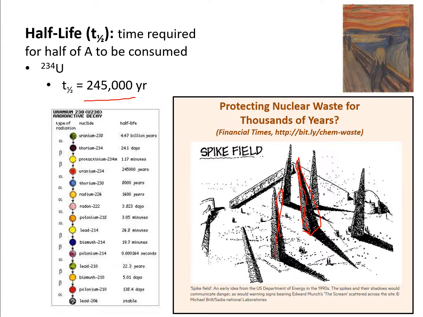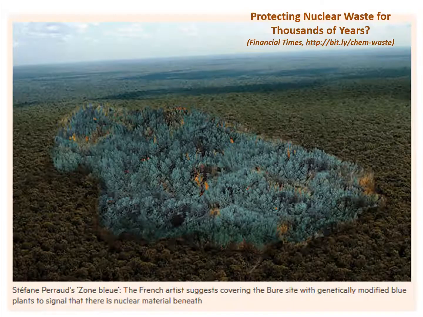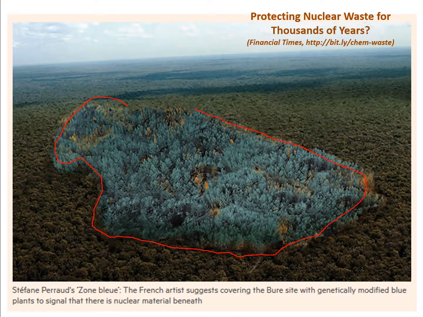Another idea was to put a whole bunch of paintings by Edvard Munch, the Scream ones, just to show that something's not right, you don't want to be here. Another example was to put a whole bunch of genetically modified trees there, basically saying this is a place you don't want to be because there's nuclear waste.